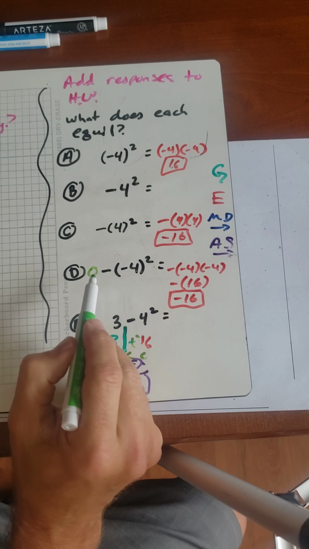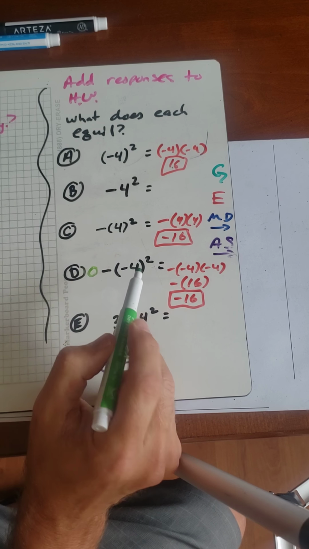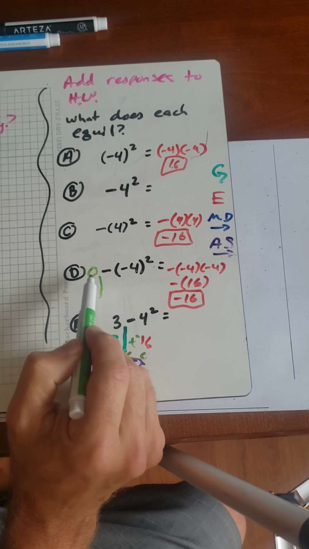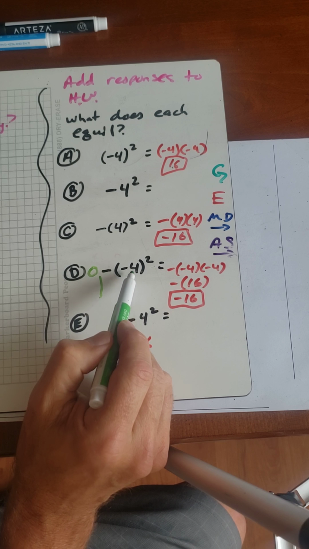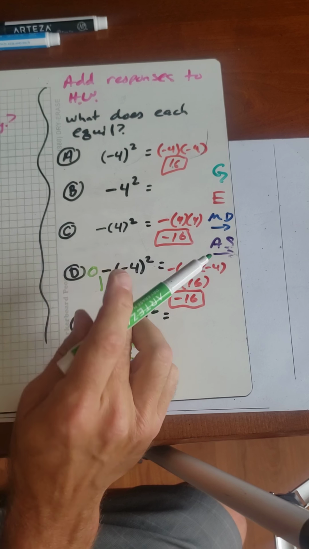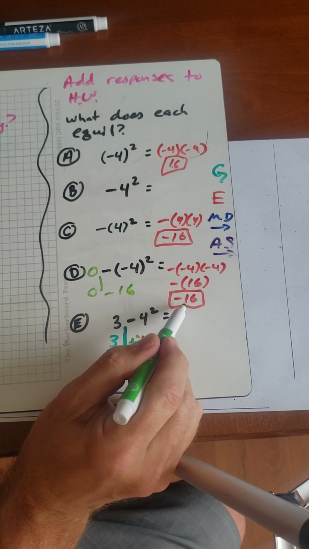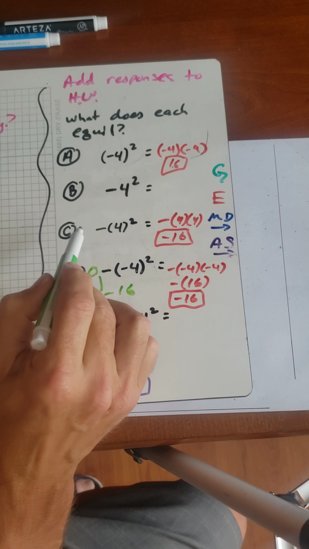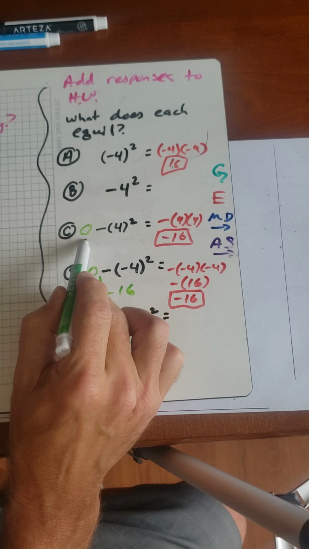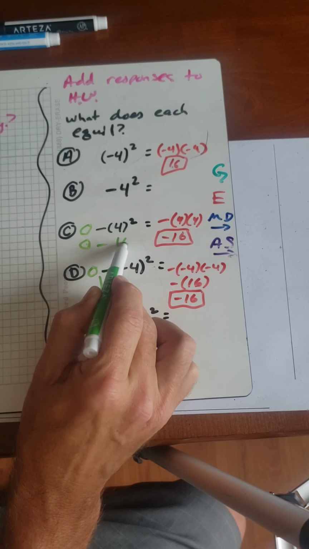so now it's 0 minus -4 squared. So if I'm doing this order of operations, here's where my line would be. I'm going to do this first. So -4 squared gives me 16. So then I would have had 0 minus 16, which equals -16. If I had put a 0 in here, this is going to be 0 minus, and then 4 squared is 16.